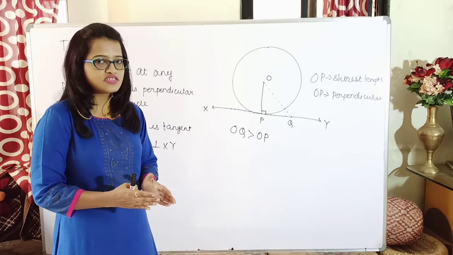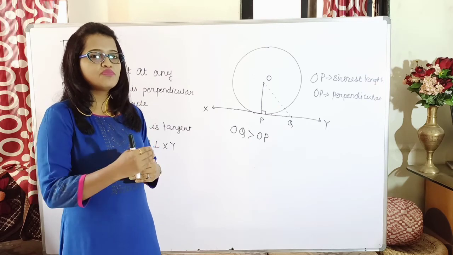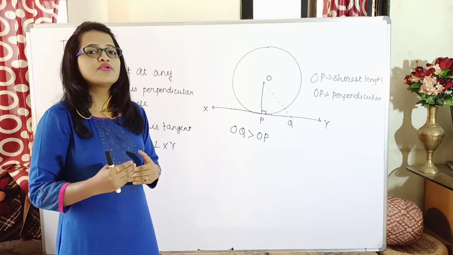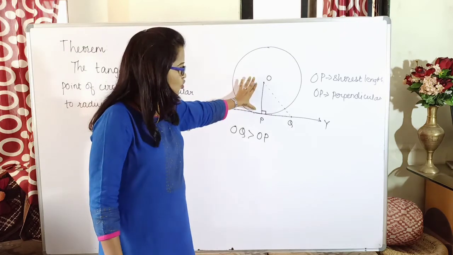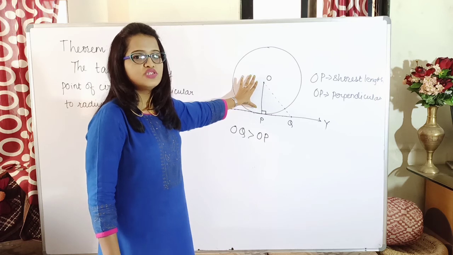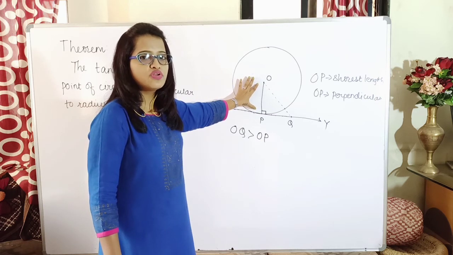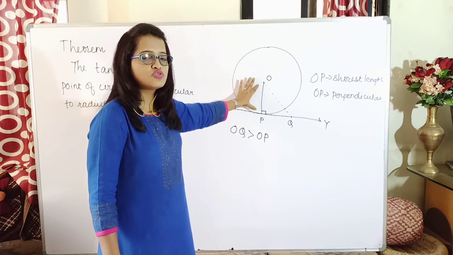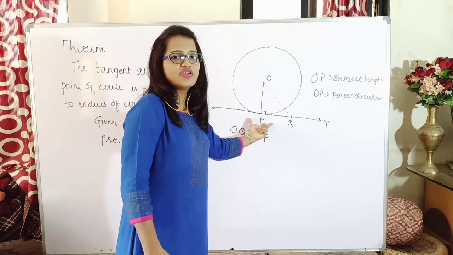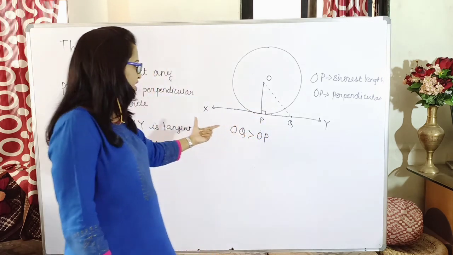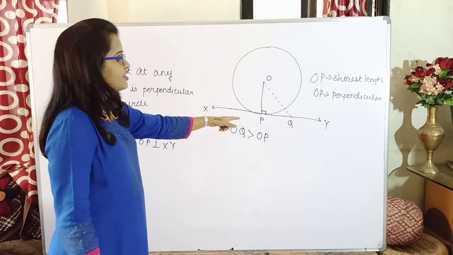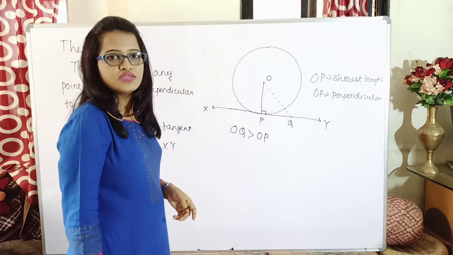The shortest distance of a line from a point is always the perpendicular distance. Since OP is the shortest distance, it means OP is also perpendicular to the given line XY. And hence the tangent at any point is always perpendicular to the radius of the circle.